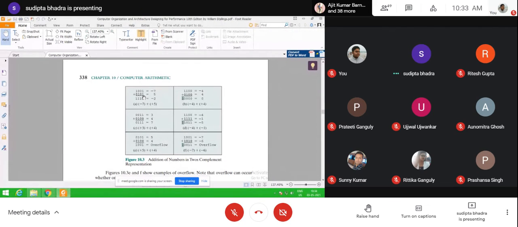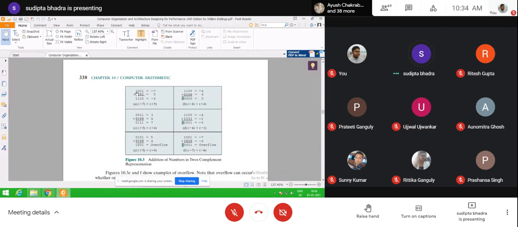Here with 4 bits, the third bit is 1, that means -8, and the 0th bit is 1, that means +1. -8 plus 1 gives you -7.